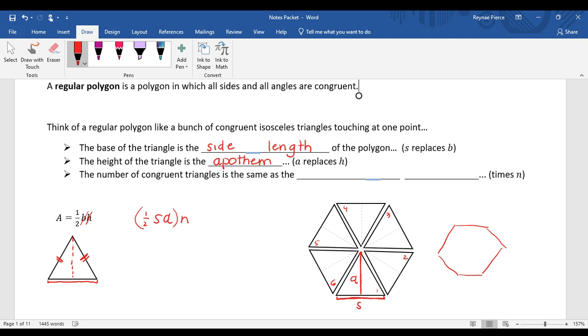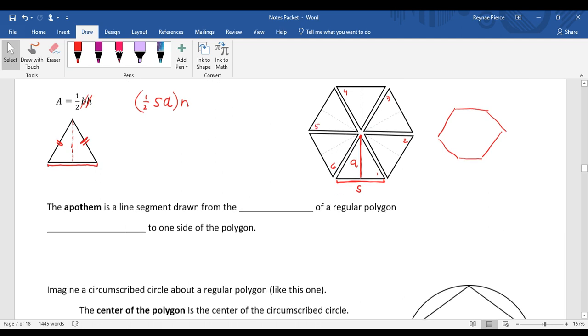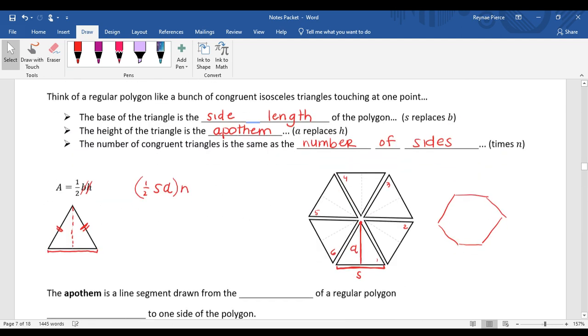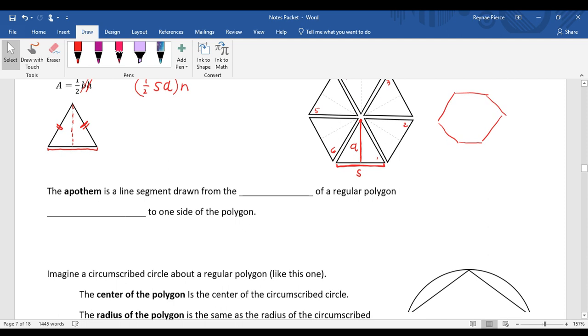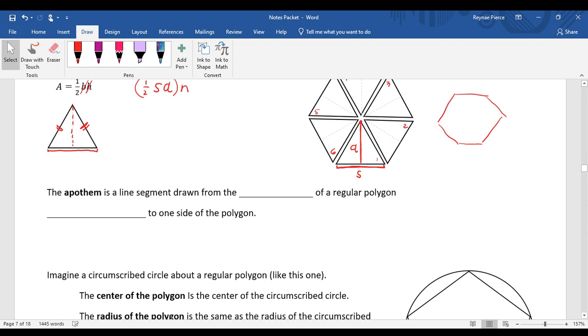We don't have just one of these congruent triangles. We have the number of sides. So that's where we get our equation from. I'll rewrite it down here at the bottom.